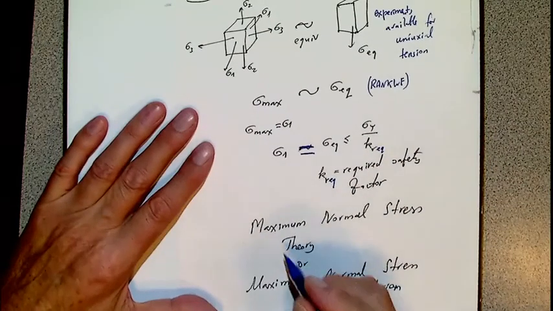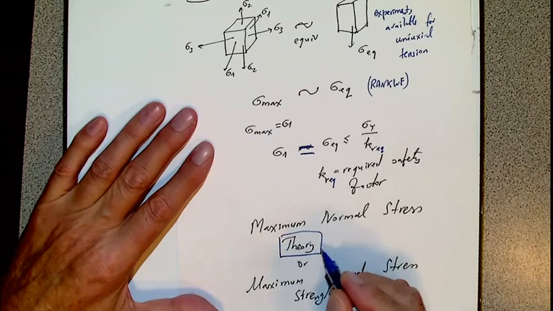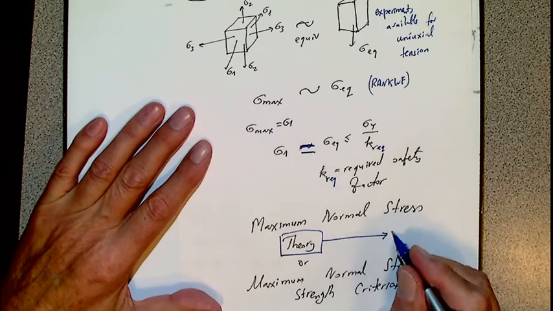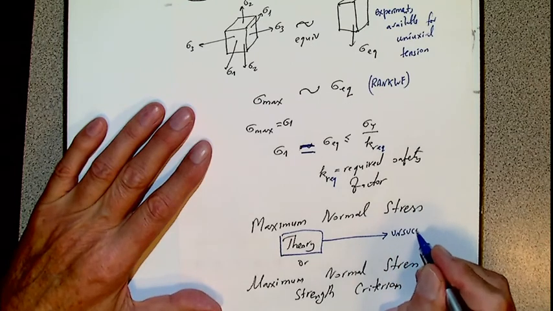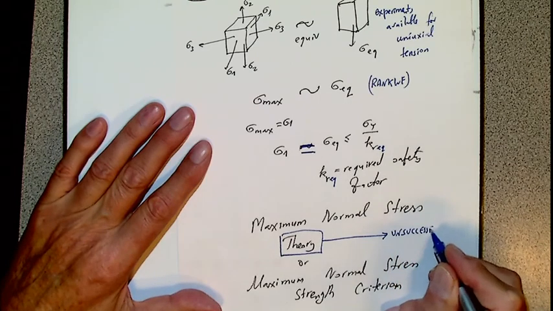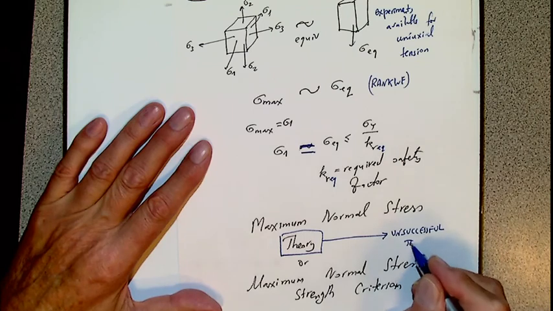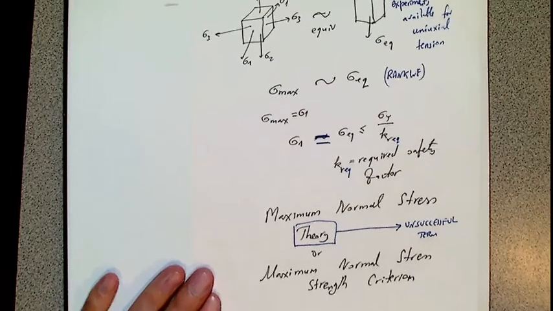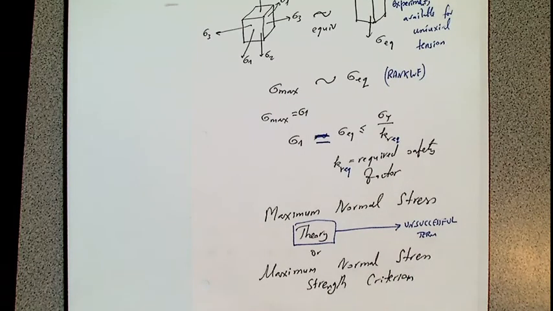Theory is, let us say, an unsuccessful term, because that is not a theory. We did not have any theoretical considerations. Rankine just said what is important is the maximum. The rest is not important.